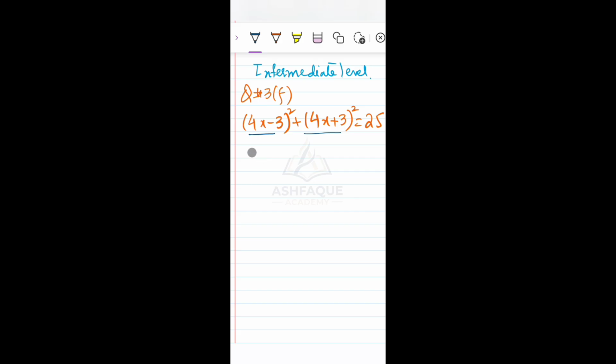It will be 16x square minus 24x plus 9. The second part is 16x square plus 24x plus 9, is equal to 25.